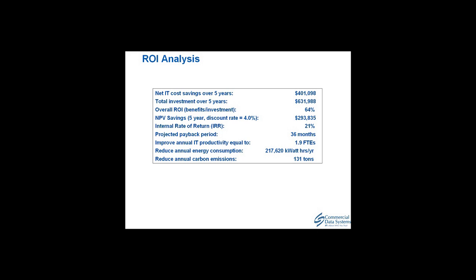And hopefully people that have previously been running around fixing desktops in the classroom can now have their time and attention spent on things that are more productive for the schoolhouse. We can reduce our annual energy consumption by about 217,000 kilowatt hours. And we can accordingly reduce our annual carbon emissions by about 131 tons.